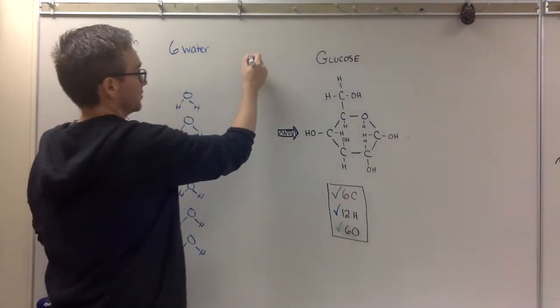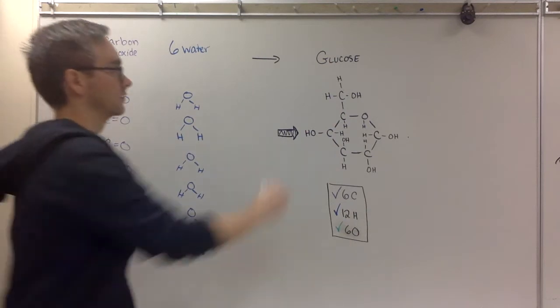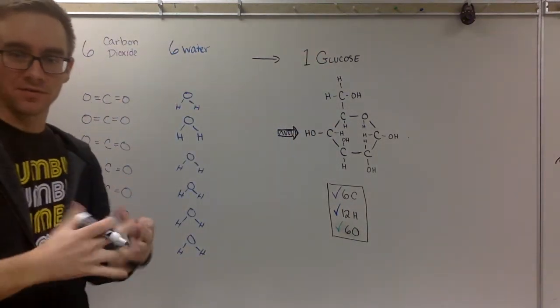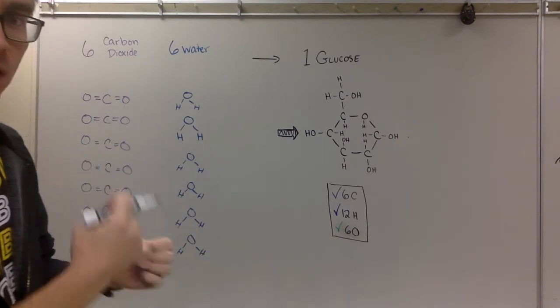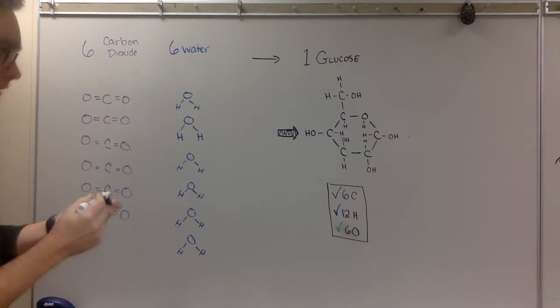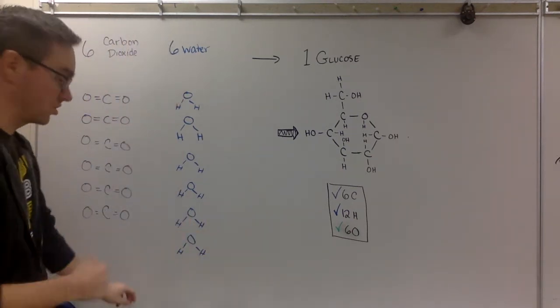And use those together to make my 1 glucose. I had to use all that stuff. I had to break it apart so that I could make it into my glucose molecule. But as I said before, I now have extra oxygens.